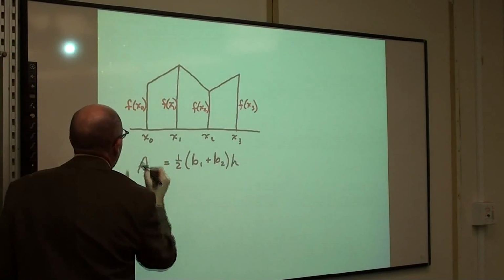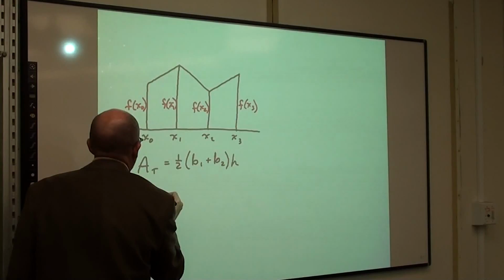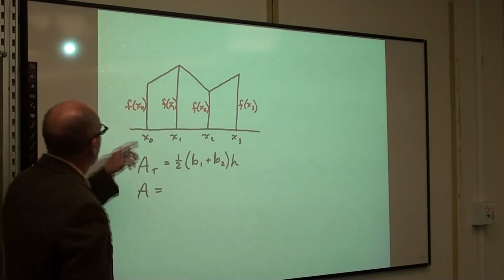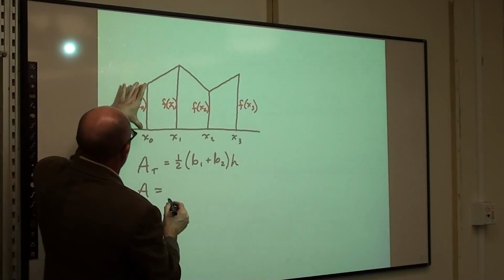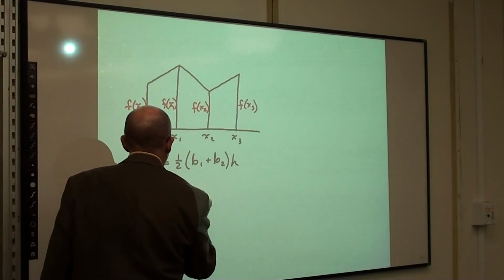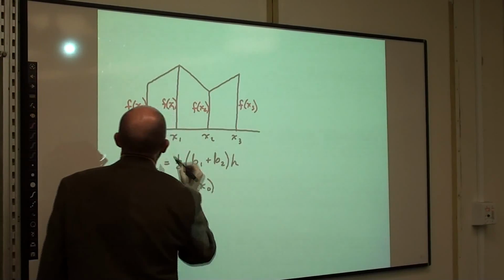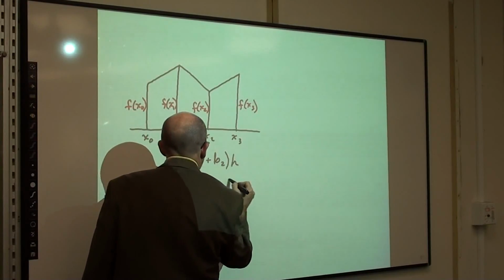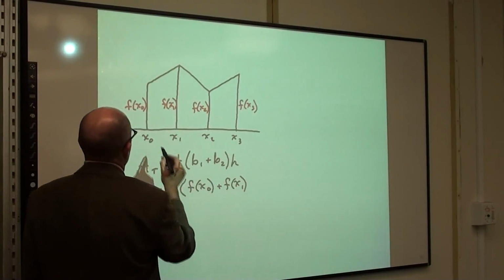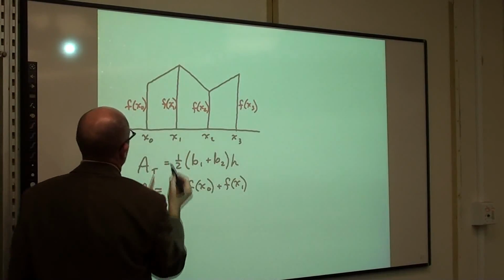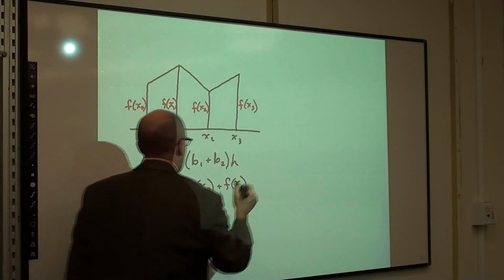So let's look at the area here. It's 1/2 times f of x sub 0 plus f of x sub 1, times the height, which is delta x.